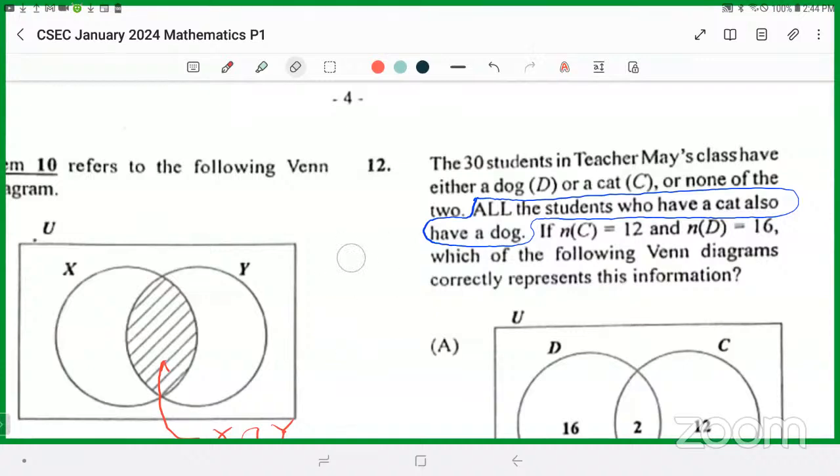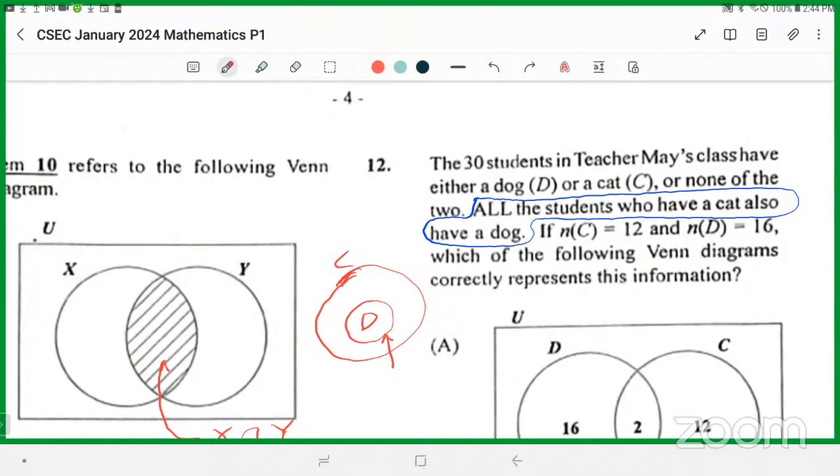If you write it the other way around, say you're trying it and you put the cat out here and the dog in here, all who have a cat have a dog, but you have to reverse it. You can have a dog and not have a cat based on this statement, because it didn't reference a dog.